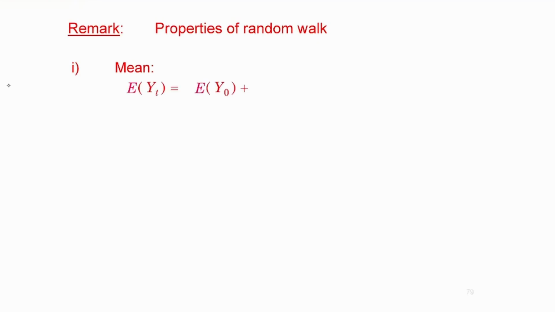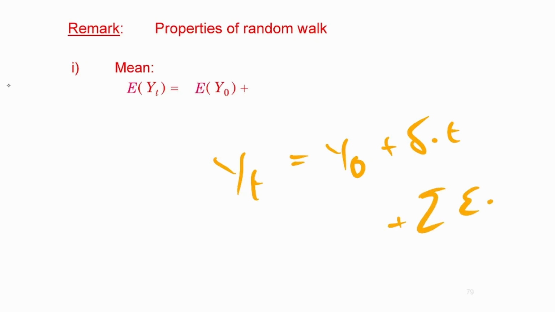We can also discuss the moments, which I'm going to do. So if you address the properties of a random walk, the moments, first off the mean, what is going to be the mean of the random walk? It depends on which kind of representation you use. Practically, if you take the random walk with the drift, you have that expression, the cumulative sum of these noises, and I was always using that one.